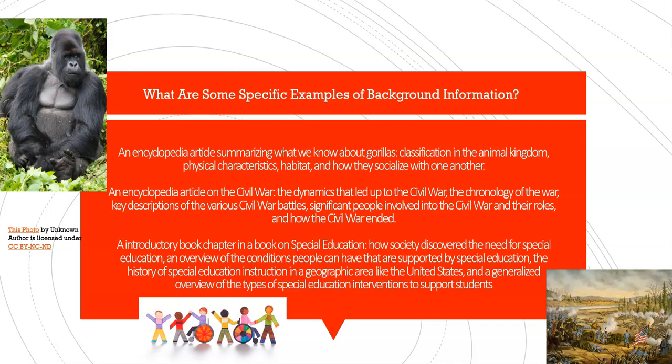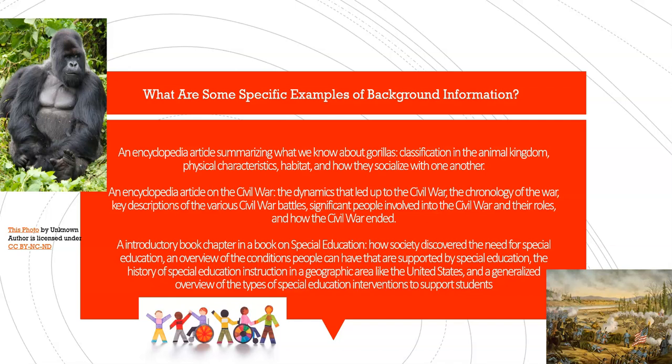If we looked at an introductory book chapter, which again is not a reference source, but it is a source of background information, we might look at how did society realize we have a need for special education, how do we develop that, what kinds of conditions do people have that qualify for needing special education, what was the history of the development of special ed in a place like the US, and what kinds of interventions do we have to assist people.